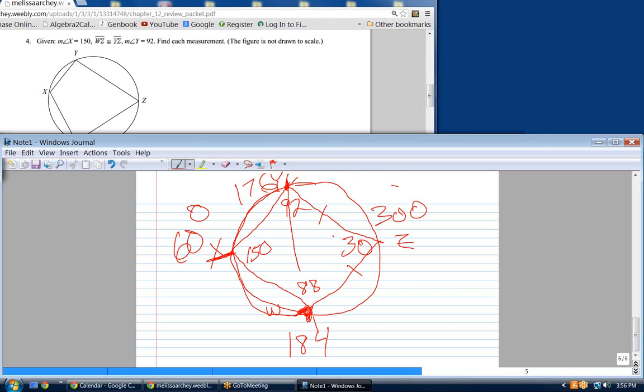So if I create that triangle, I know that that's an isosceles triangle.